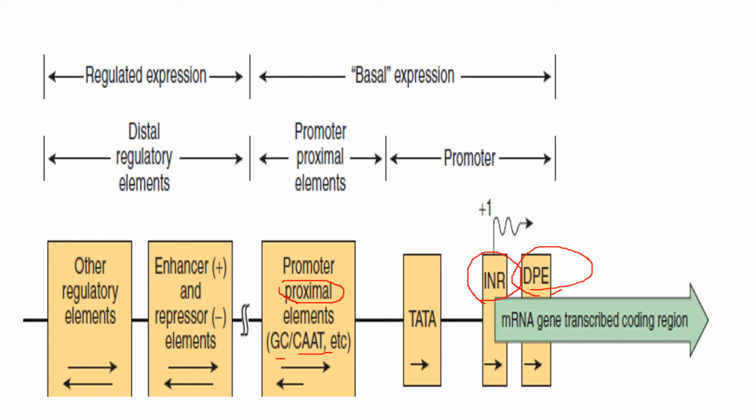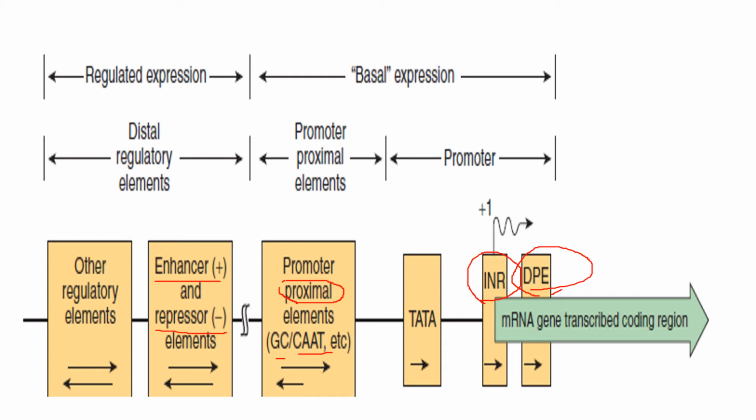And other regulatory elements, meaning nucleotide sequences, regulate the gene transcription. The other elements may be enhancers, which, after binding with the activators, can promote the transcriptional process. Or there are repressor elements. Repressors are also nucleotide sequences.